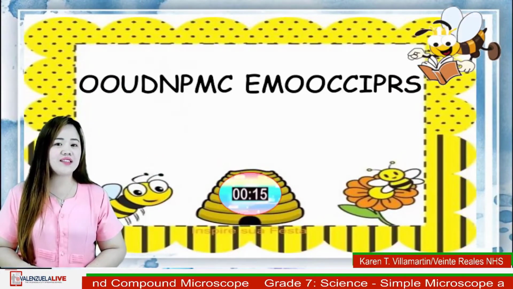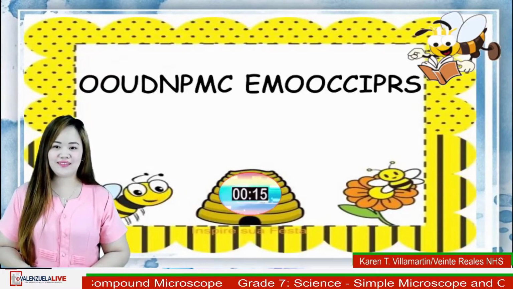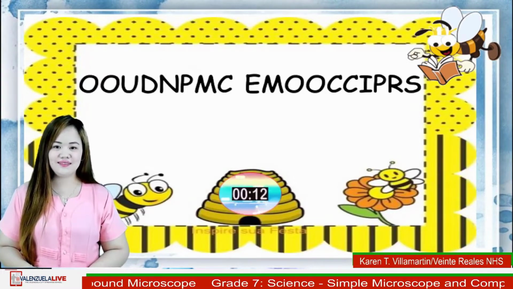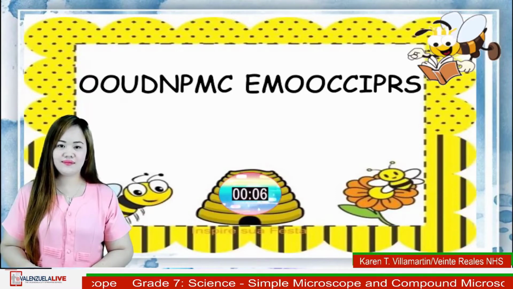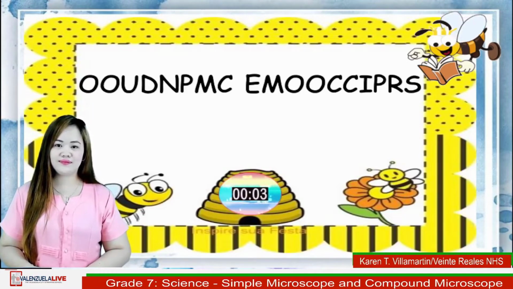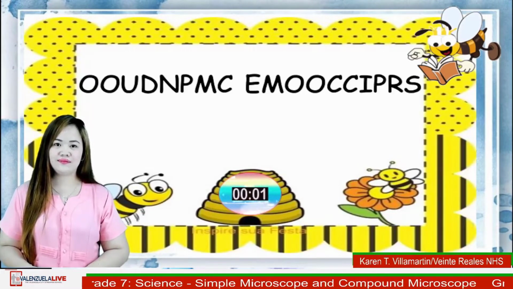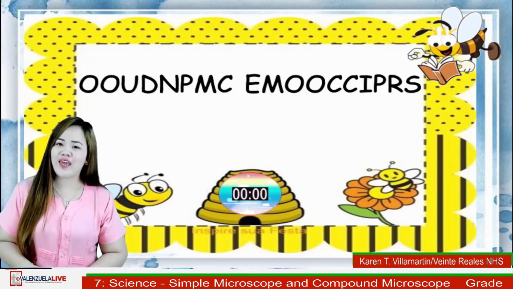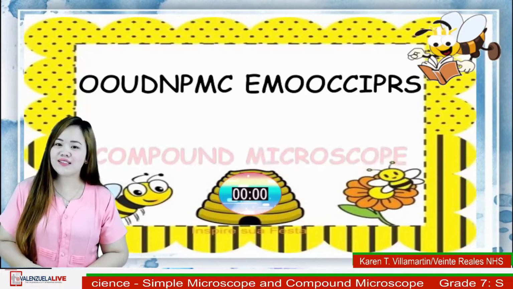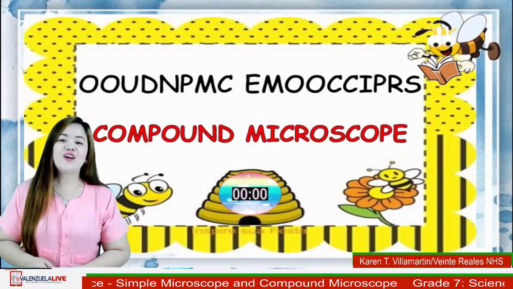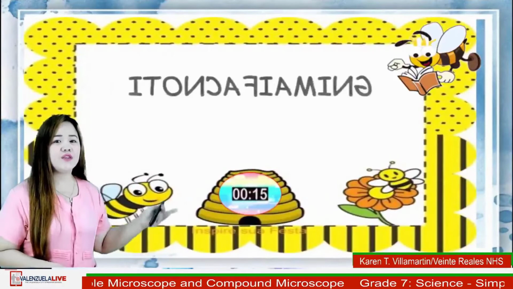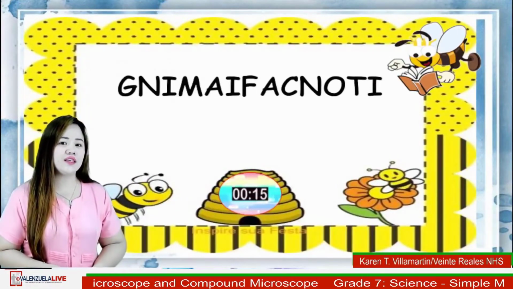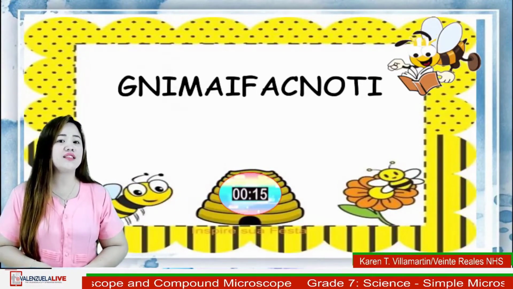Now, here is the second jumbled letters. Time starts now. Okay, the correct answer is great. Compound microscope. Let us proceed to the third jumbled letters. Your 15 seconds starts now.